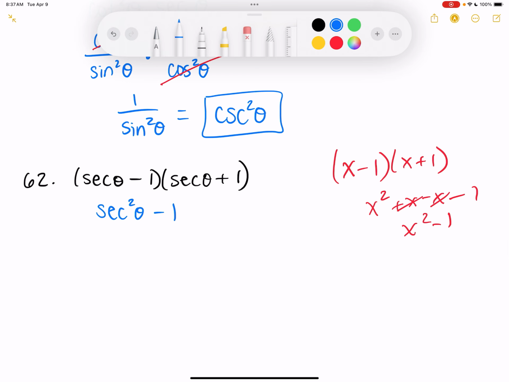What Pythagorean identity has a secant squared in it? What does it say? Come on, I know we can read.